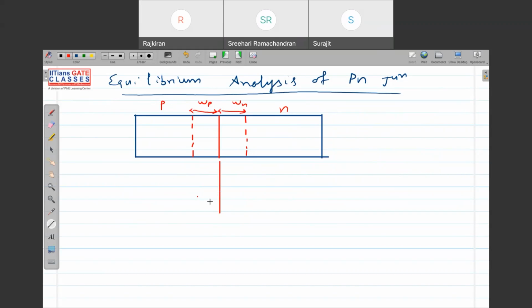And if I want to draw the concentration due to holes.